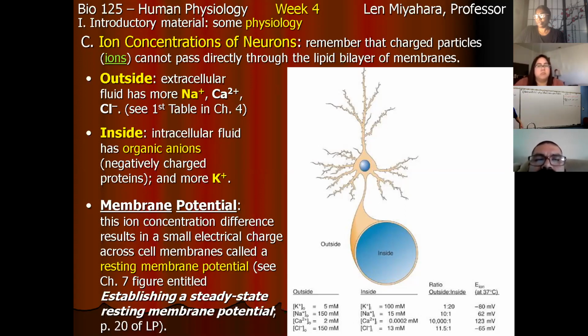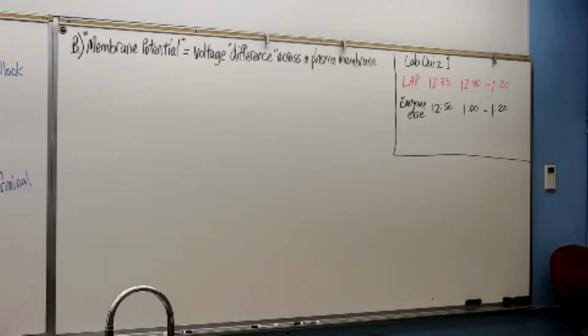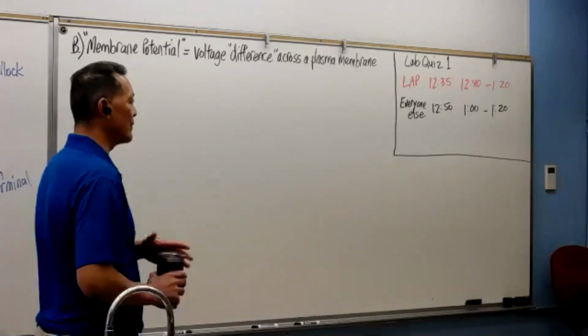Membrane potential doesn't mean, oh yeah, this membrane could be a nurse someday. No, that's not what it means. It means voltage difference across a plasma membrane. You got to get past thinking of potential like how most lay people, patients, think of potential, and start thinking of membrane potential like a healthcare provider. It's the voltage difference across a membrane, and it is because of those different ions and different concentrations.